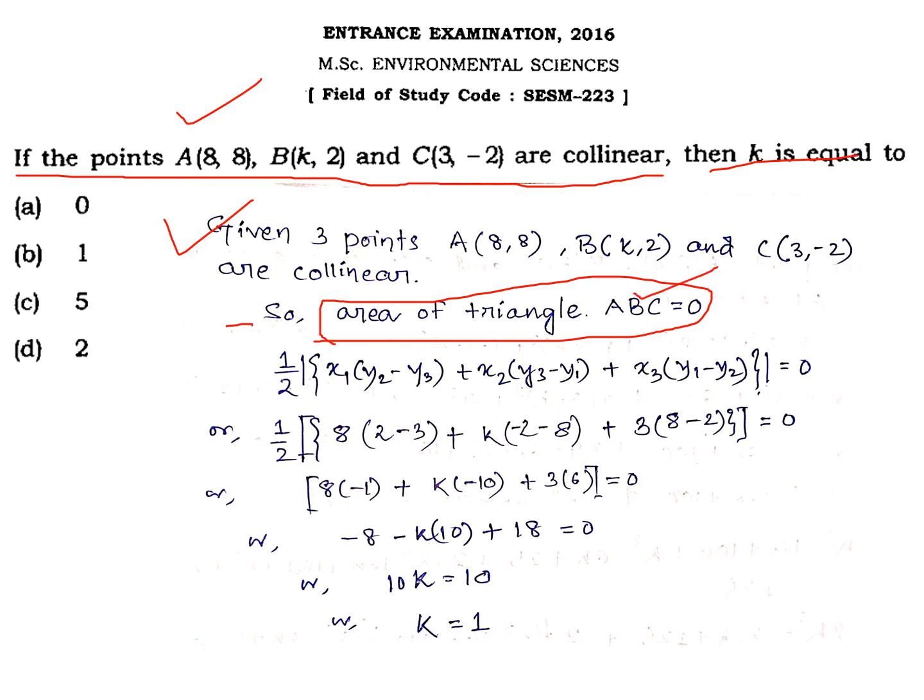According to Cartesian coordinates, we have a formula for the area of a triangle. Suppose we consider this is x1, y1, this is x2, y2, and this is x3, y3. Then we can perform this operation and we will get the answer as k equal to 1.